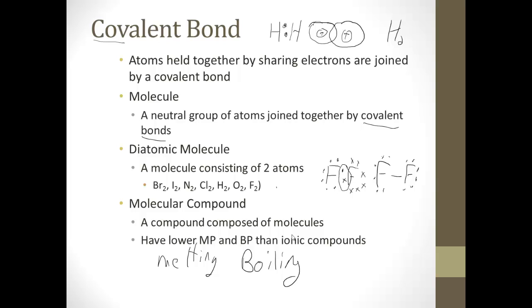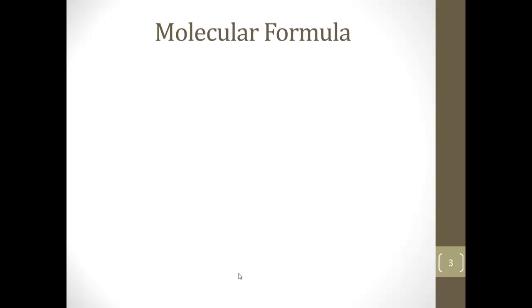The ionic compounds form that crystalline structure that's really hard to break apart, so they tend to have high melting points and high boiling points. These molecular compounds tend to have a lower melting point and a lower boiling point than ionic compounds.